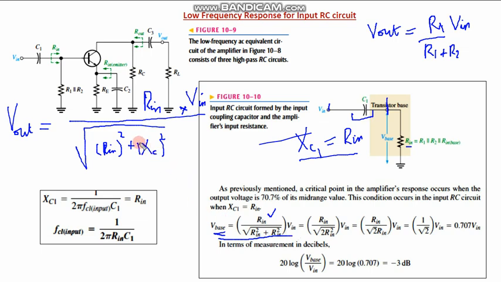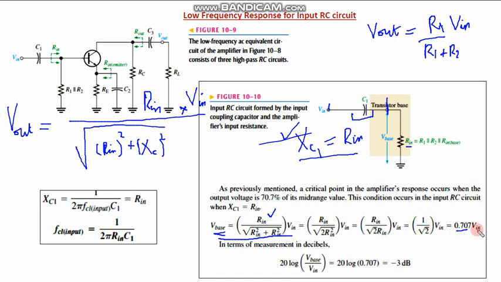Now what would happen if XC becomes equal to Rin? I can put the value of XC, which is equal to Rin, over here. So it becomes 2 Rin square under root, over Rin, so 1 by under root 2 is 0.707.